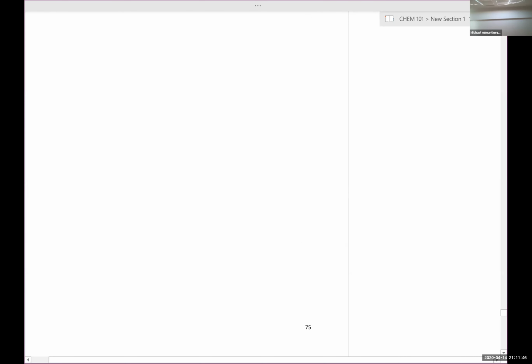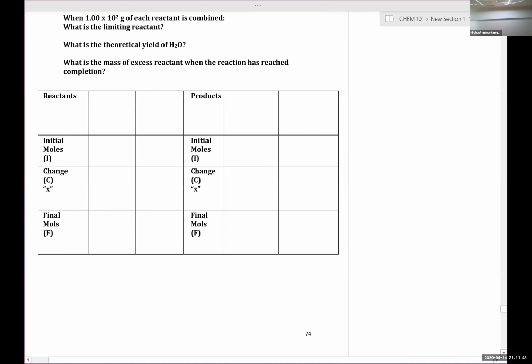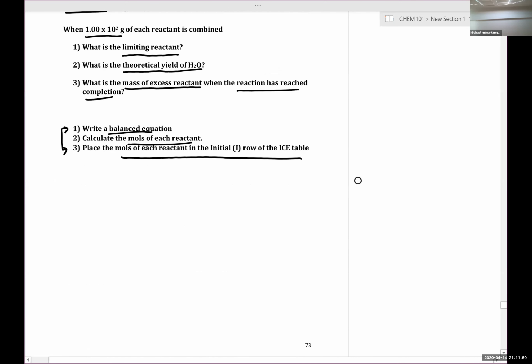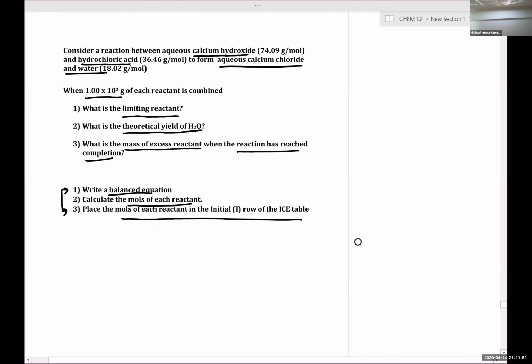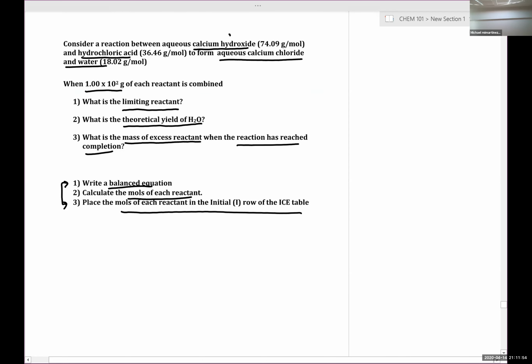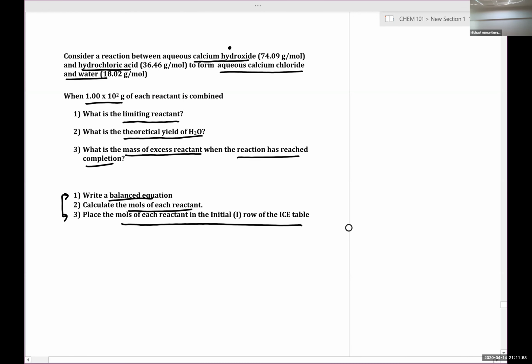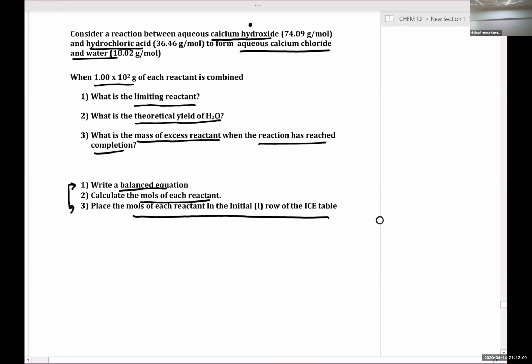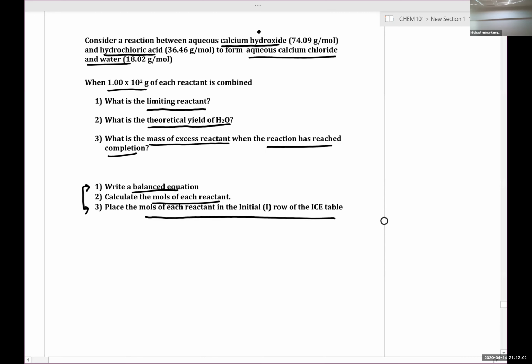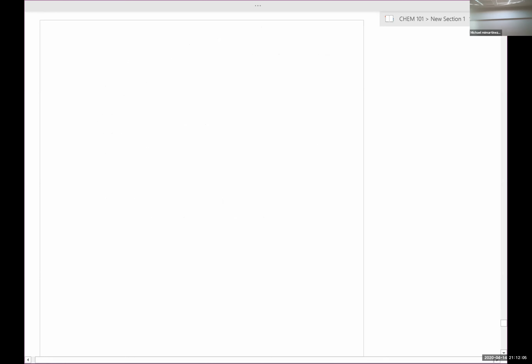Starting off from our word expression, for calcium hydroxide, would someone like to provide me the formula for calcium hydroxide? What is the formula for calcium hydroxide?